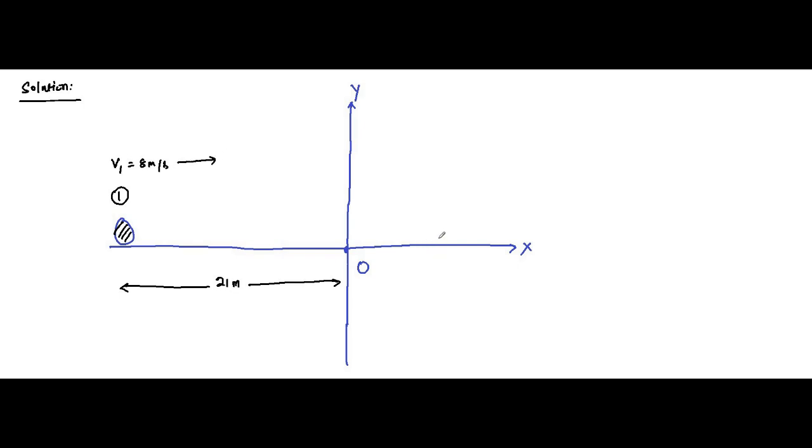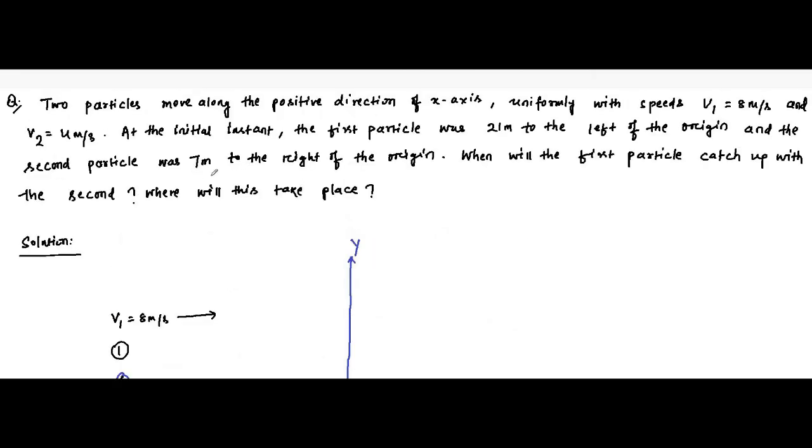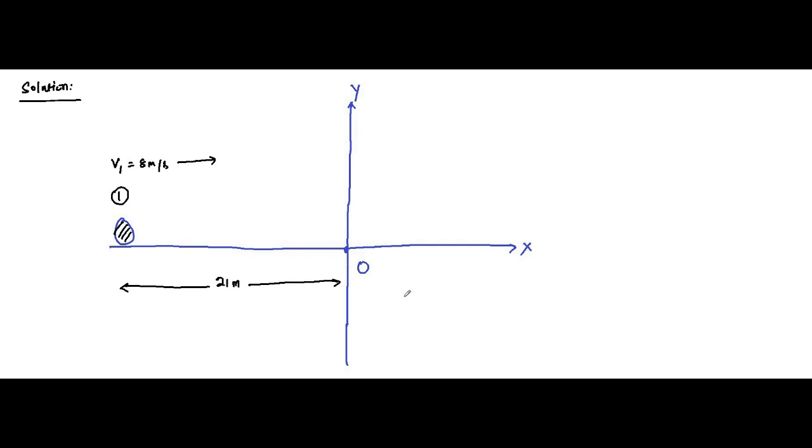At the same instant we have another particle which is 7 meters to the right of the origin. Let's draw it here.